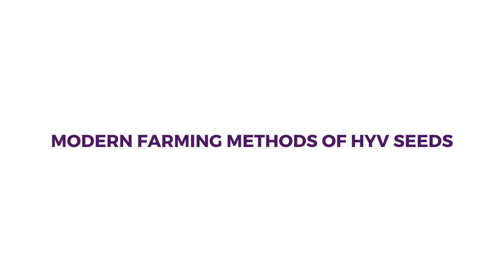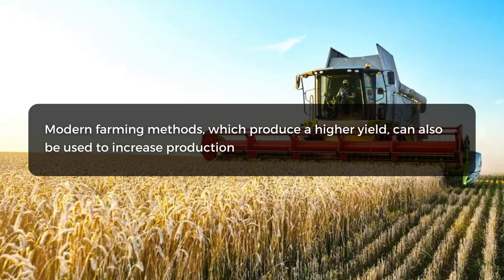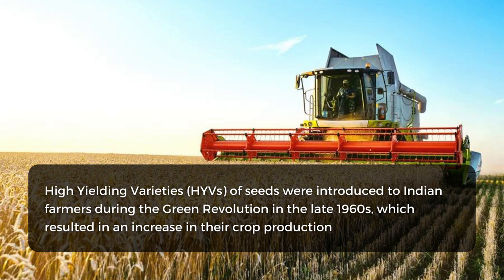Modern farming methods of HYV seeds. Modern farming methods, which produce a higher yield, can also be used to increase production. High yielding varieties, HYVs, of seeds were introduced to Indian farmers during the Green Revolution in the late 1960s, which resulted in an increase in their crop production.